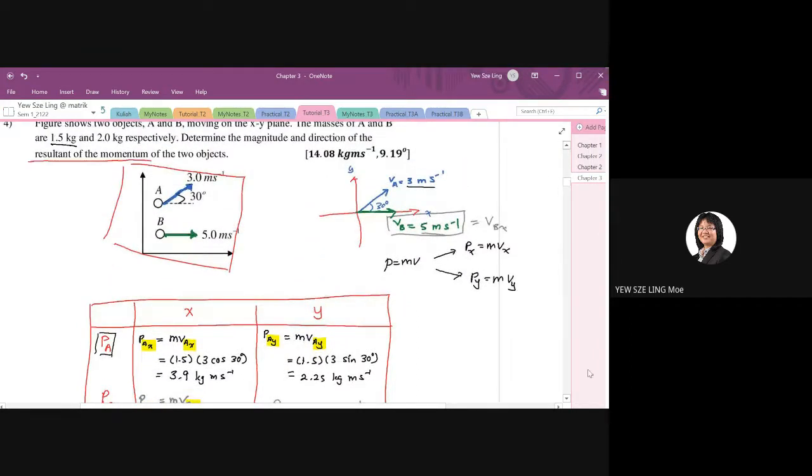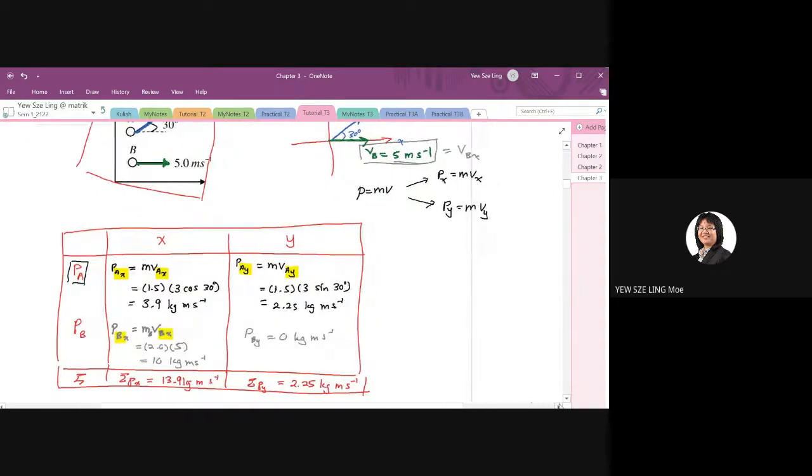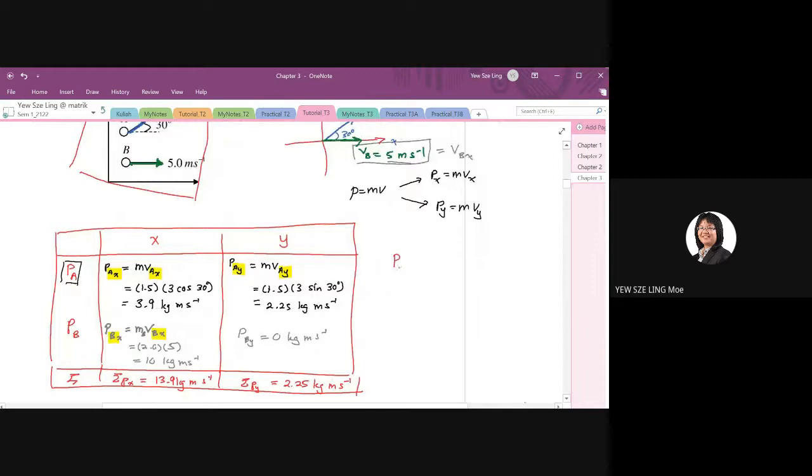So resultant, if you recall what I've taught in a previous chapter, P resultant equals the square root of summations Px square plus summations Py square.